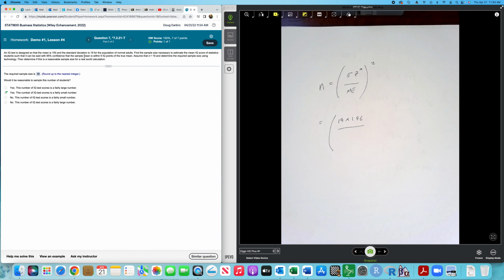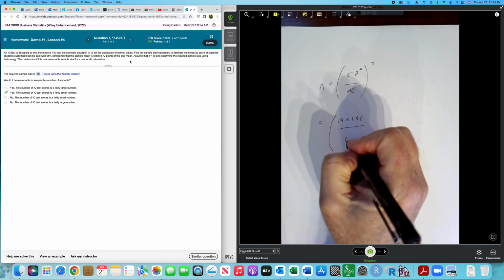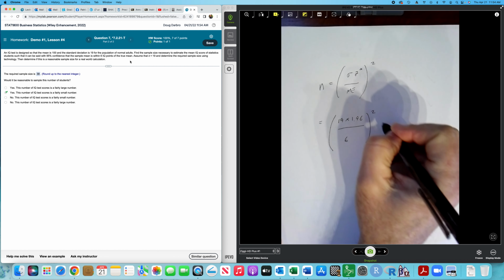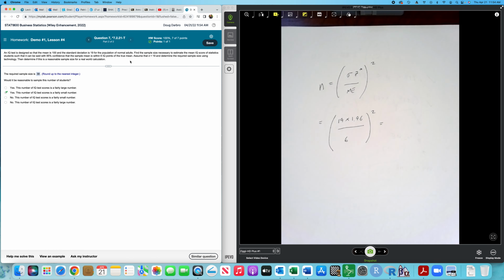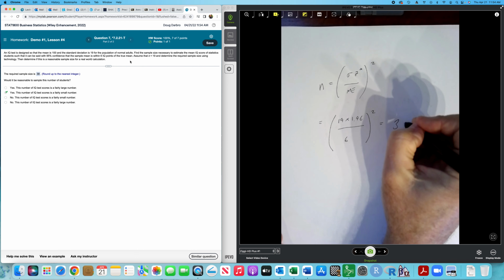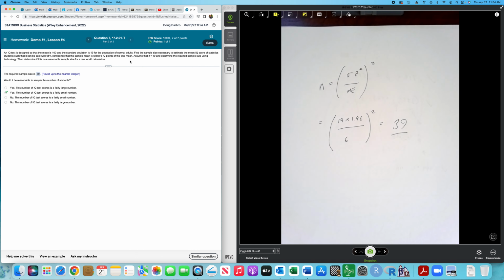We want the sample mean to be within 6 IQ points of the true mean, so we need the margin of error to be 6. So I'm just going to take 19 times 1.96 divided by 6 and square all of that. I get 38.522. Again, always round up. So the answer would be 39, as I put there.